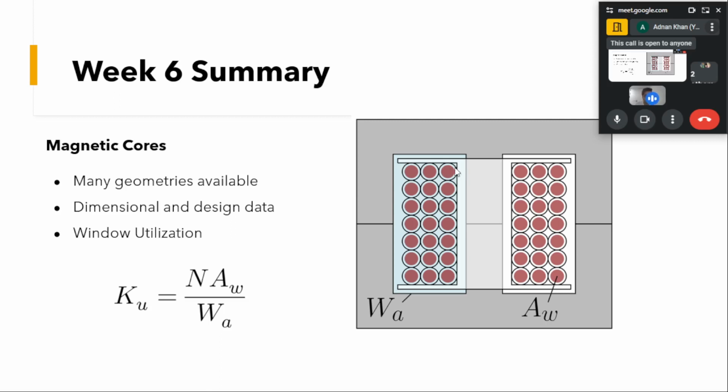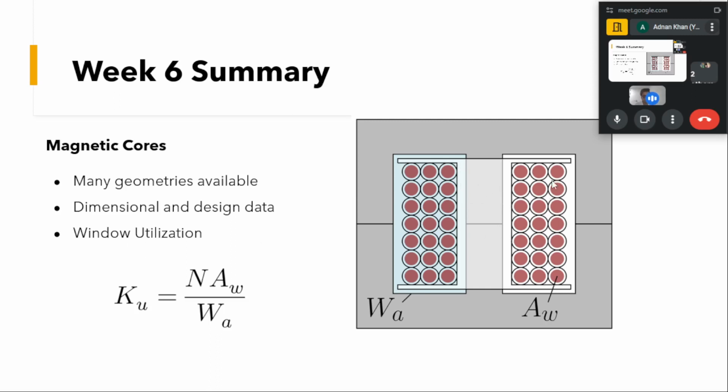Around that there will be some insulation, and this insulation will occupy some space. Also, if we have these three layers between consecutive turns, and between these two layers, there will be some gap where we don't have any turn. Also there will be some space lost because of the bobbin on which we wind these turns. So you can see here this window is not properly utilized.